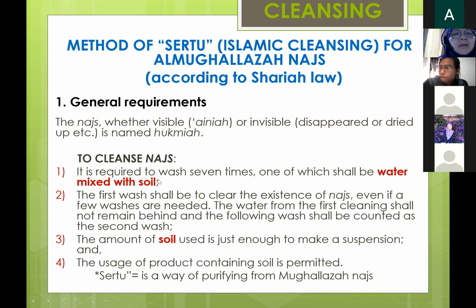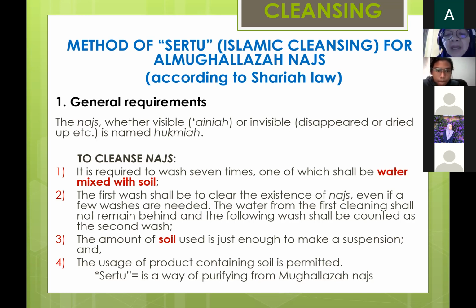The najis can be visible, or in Arabic they call it 'ayniyyah, or sometimes it is invisible. Why invisible? Because it has dried up or maybe disappeared. Meaning there's the place that has been dirtied by an animal like a pig, for example, or a dog.